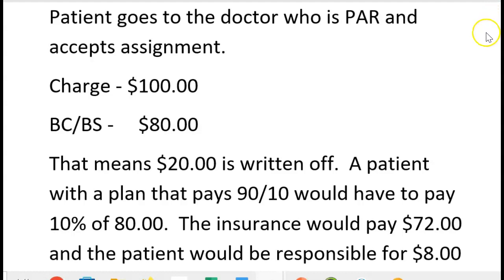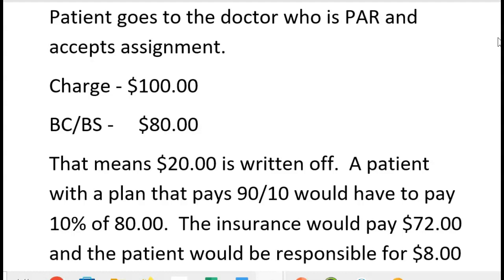So anyway, a patient goes to the doctor at Grand River, and they are par. What par means is they accept assignment from the insurance company. So Grand River accepts anything that Blue Cross Blue Shield states.